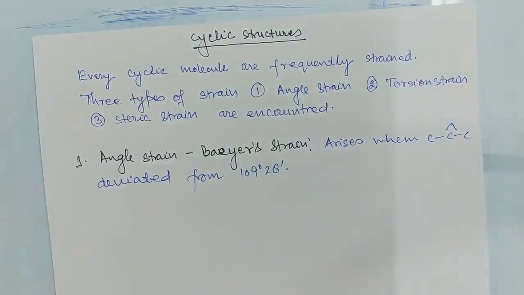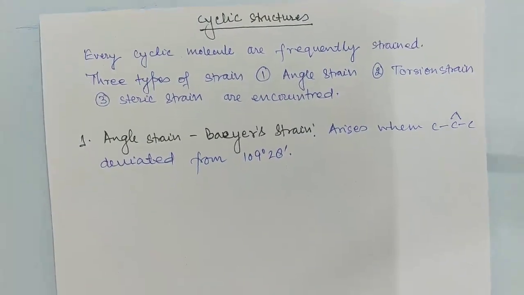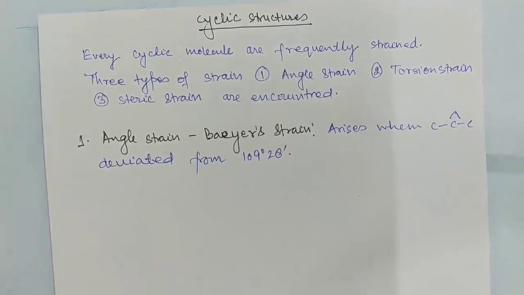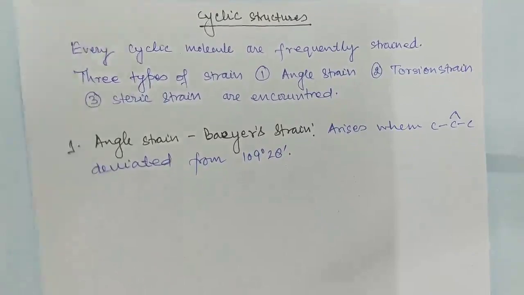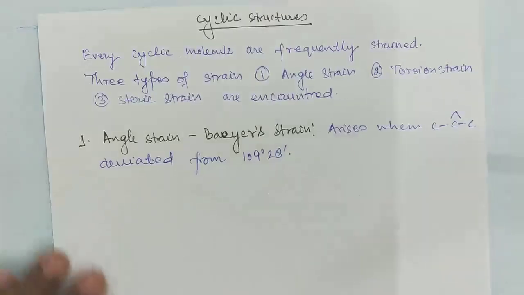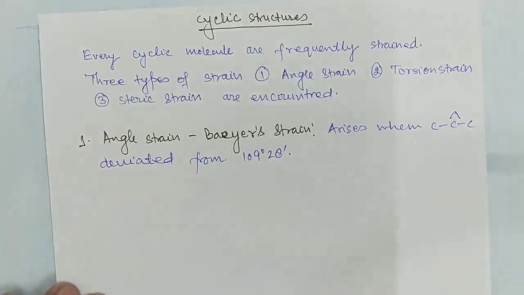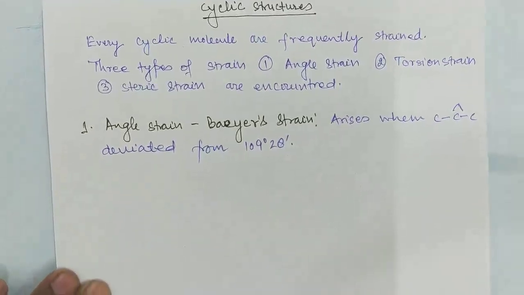So any cyclic molecule suffers from angle strain whenever the C-C-C bond angle is deviated from the normal orientation, 109 degree 28 minutes.